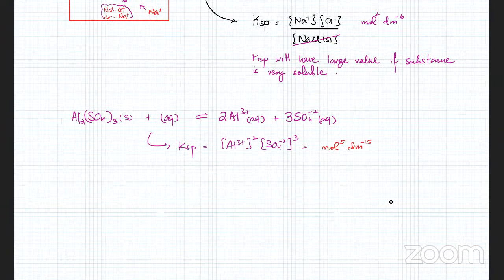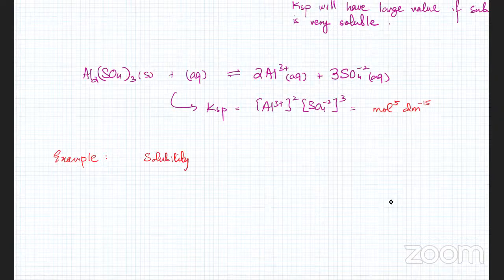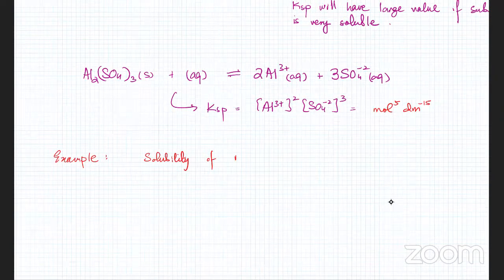So an example question is, they'll say the solubility of a certain salt, let's say MgCl2, is, solubility could be in gram per dm cube or mole per dm cube. So let's say gram per dm cube, 0.15 gram per dm cube in a saturated solution.